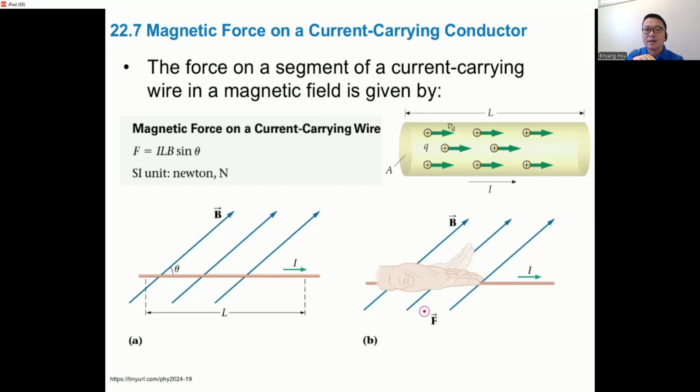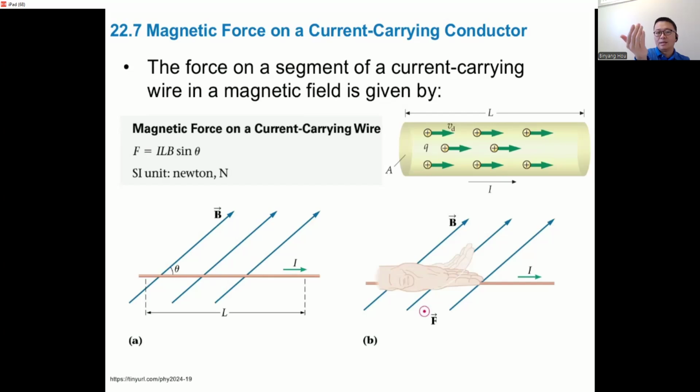So you can also use your right hand rule. In this case, you can stay with the right hand rule we had earlier for the magnetic force on the charges. Your thumb goes in the direction of the velocity, and then four fingers go in the direction of the B field, okay? So your palm is facing up in that case.